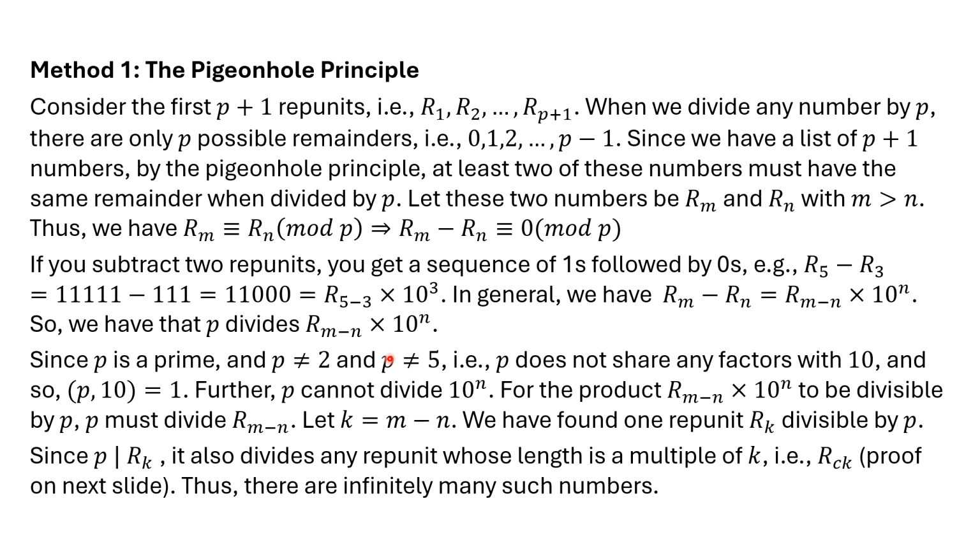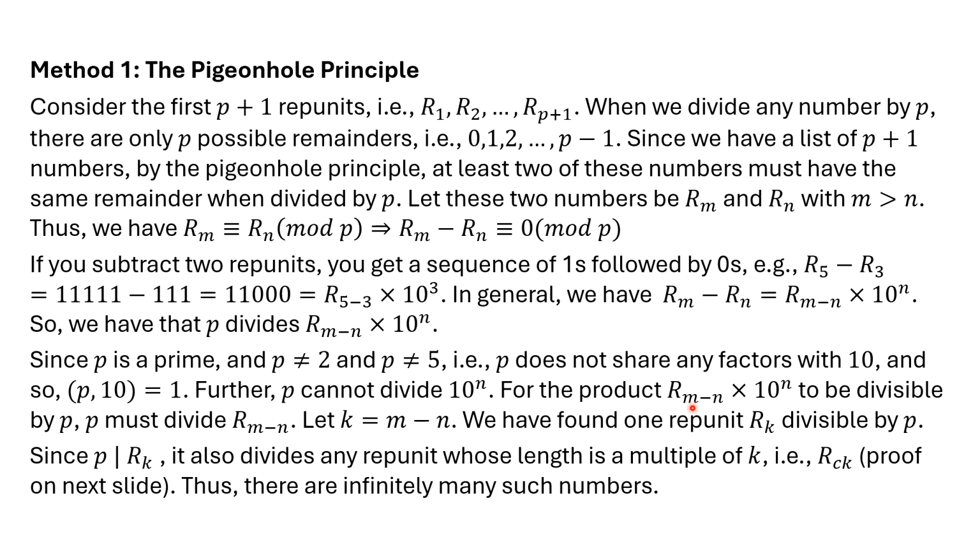This condition here, you can see now why we put this in place, because if p does not share any factors with 10, in other words 2 or 5, then the GCD of p and 10 is 1. Further, we can't divide p into 10 to the n either, because p is not 2 or 5.